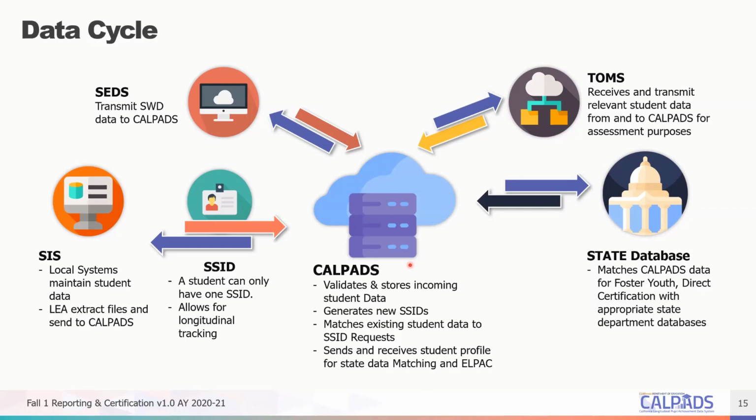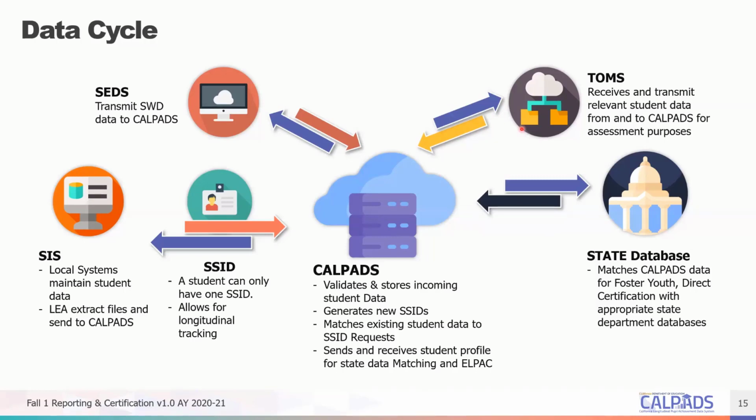And once CalPADS stores that, it then uses it for different matching. It sends it to the state database for direct certification and foster matching. It also sends it to TOMS, especially this year.